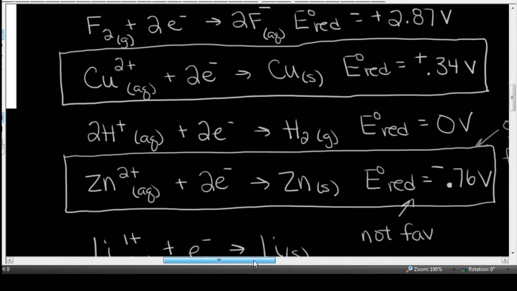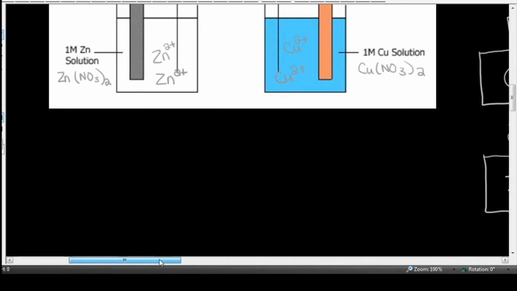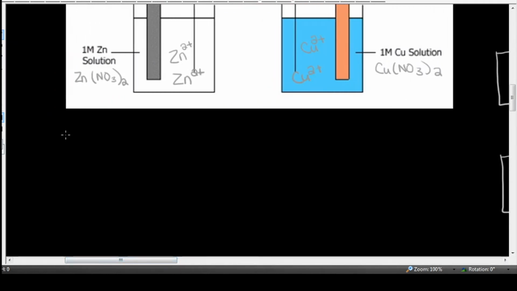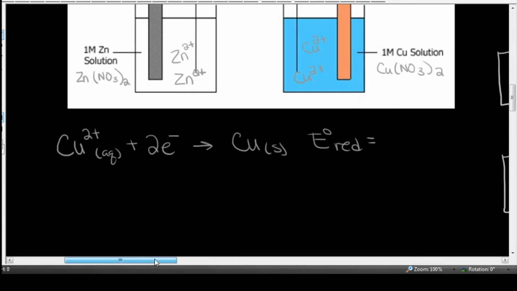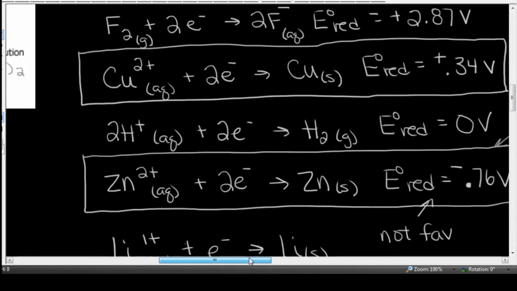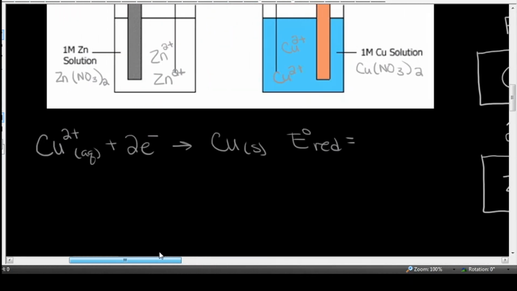So let's rewrite those half reactions down here. The copper 2+ ions are going to gain 2 electrons to become copper solid. And that half reaction will produce 0.34 volts.